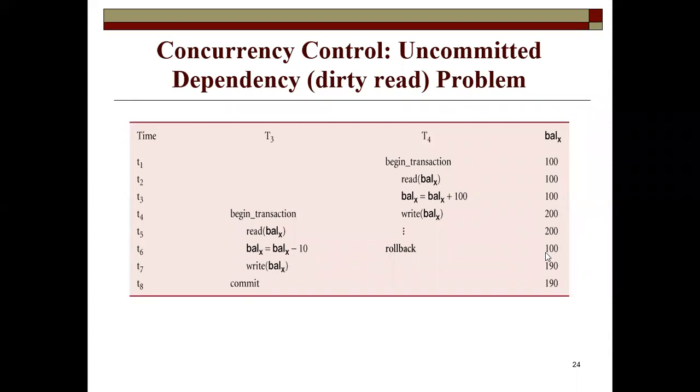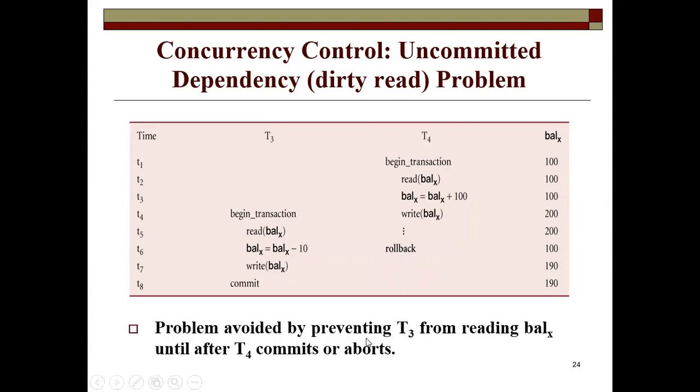So T3, which had already read, is basing on the 200 minus 10 to bring our new value to 190 instead of the 90 that it should be. Is this uncommitted dependency problem clear to us? It is clear that T3 was able to read the intermediate value, the update made by T4, before it commits or aborts. In this case, before it aborted.